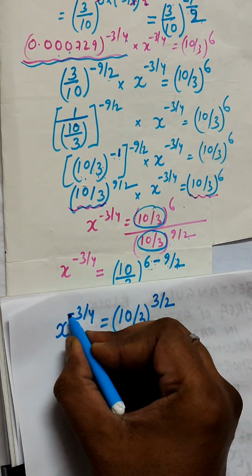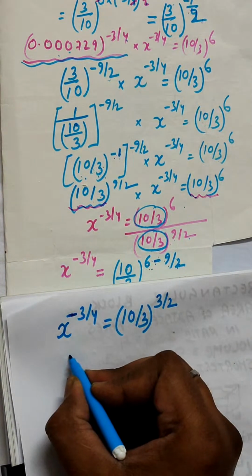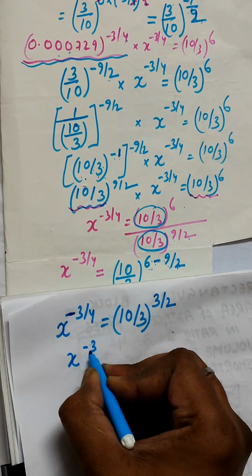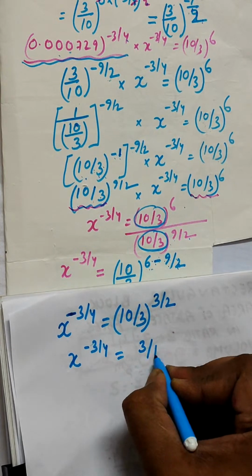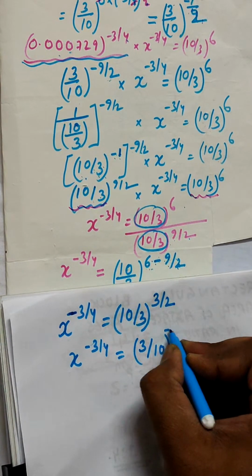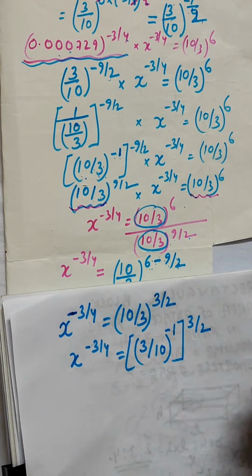So just to accommodate this minus sign, x power minus 3 by 4 can be written as 3 by 10 power minus 1 into 3 by 2, isn't it?